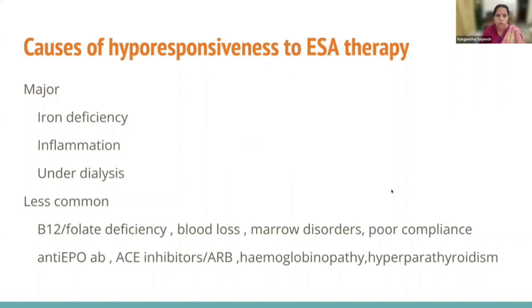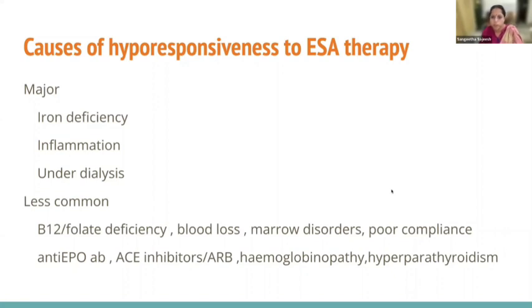Such cases are mainly due to iron deficiency, inflammation, and under-dialysis. So here adequacy of dialysis is very important in all patients who are on erythropoietin stimulating agents. If not responding well, we always have to check the adequacy of dialysis. The less common factors will be B12 and folate deficiency, blood loss, marrow disorders, and poor compliance.